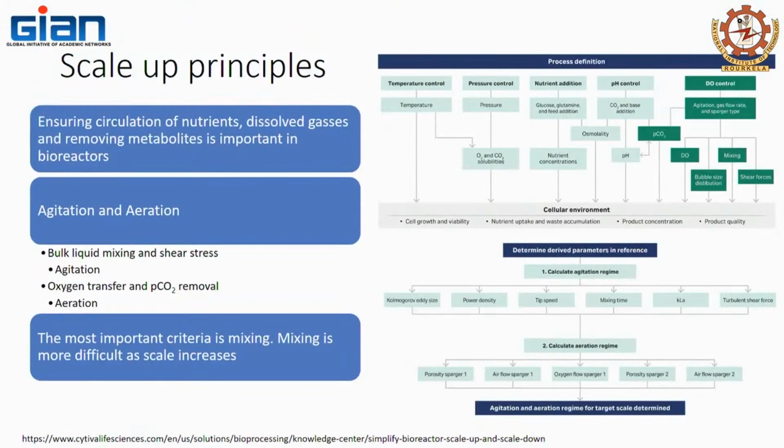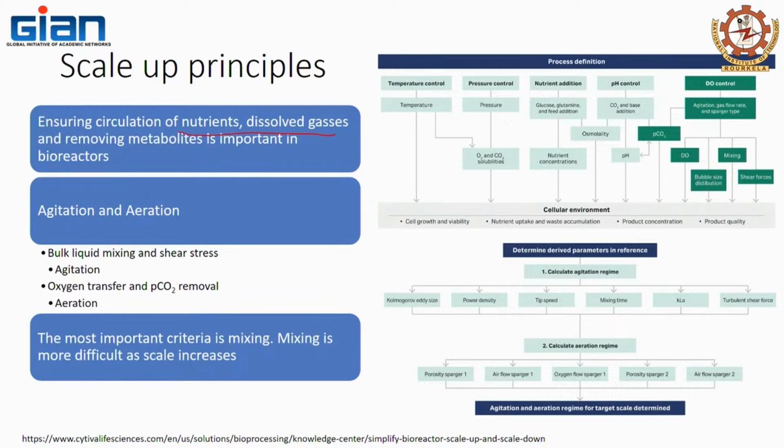The scale up principles involve ensuring circulation of nutrients, dissolved gases and removing metabolites, which is important in a bioreactor. Agitation and aeration allow for bulk liquid mixing and shear stress.